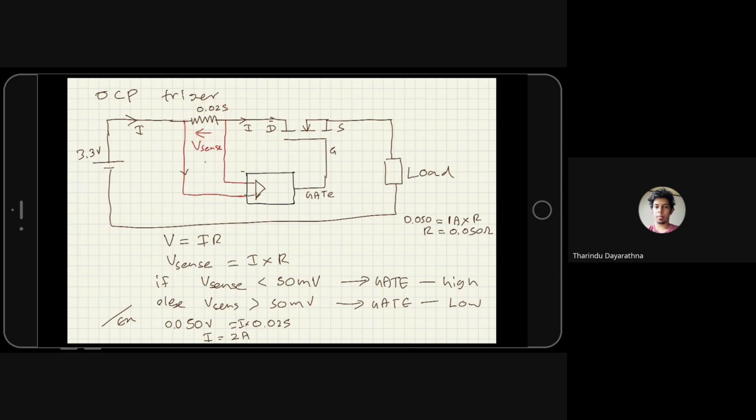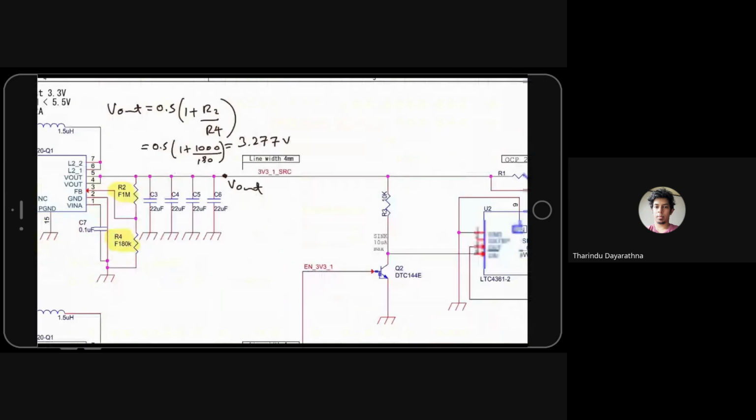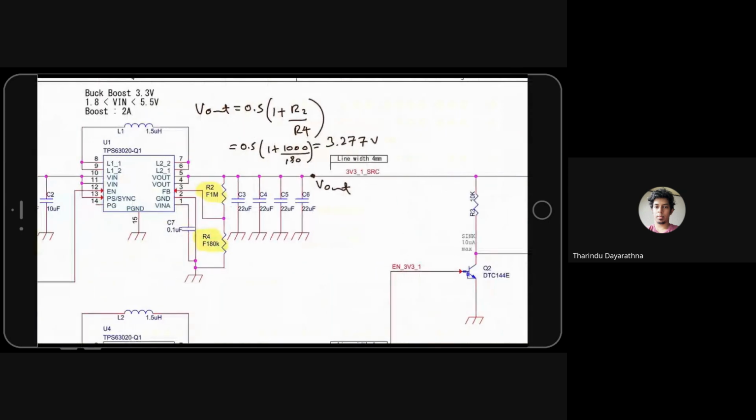If you want 4 ampere, the 4 ampere case is kind of meaningless because this device cannot provide 4 ampere. But if there is a 4 ampere buck boost converter, you can change it easily.